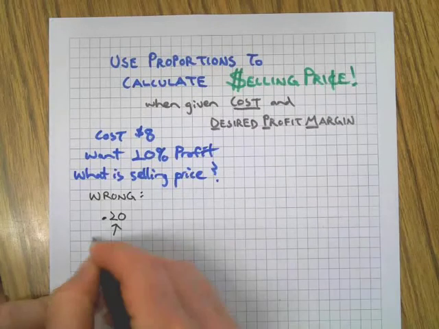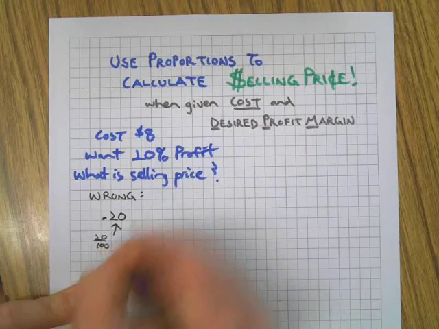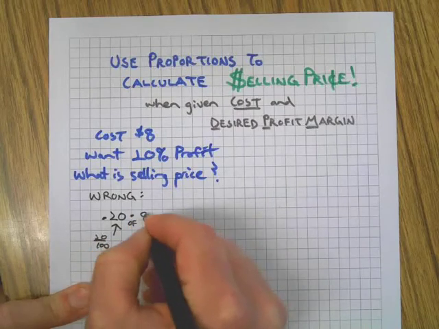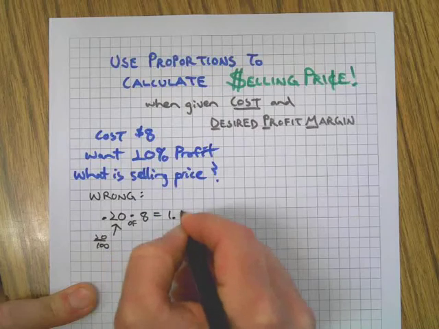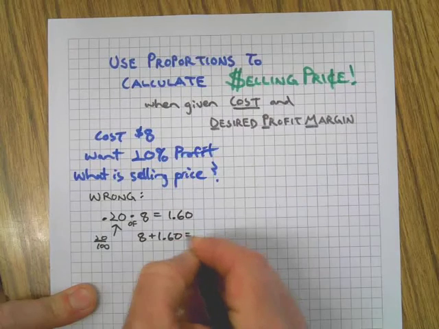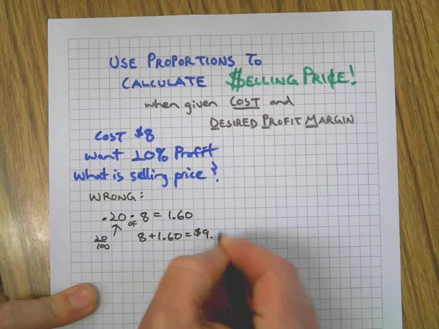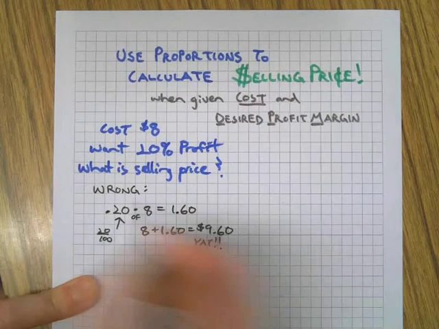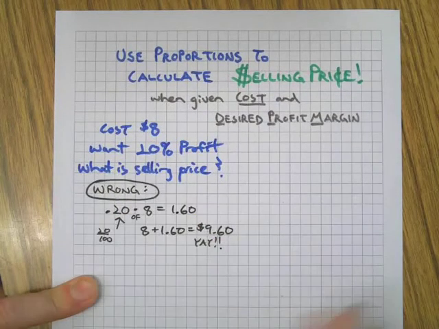That represents 20%, 20 out of 100. What is 20% of $8? And they would get $1.60. And then they would go $8 plus $1.60 equals $9.60. Yay!